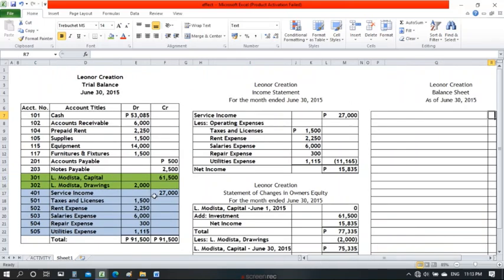So, let's go back to the trial balance. In the trial balance, ang mga titira na lang na account is the assets, and then the liabilities. So, sabi dun sa meaning kanina, in preparing the balance sheet, the accounts to be included are the following: assets, liabilities, and owner's equity. Since nakikita nyo naka-highlight na yung owner's equity, ano yung owner's equity na gagamitin natin?